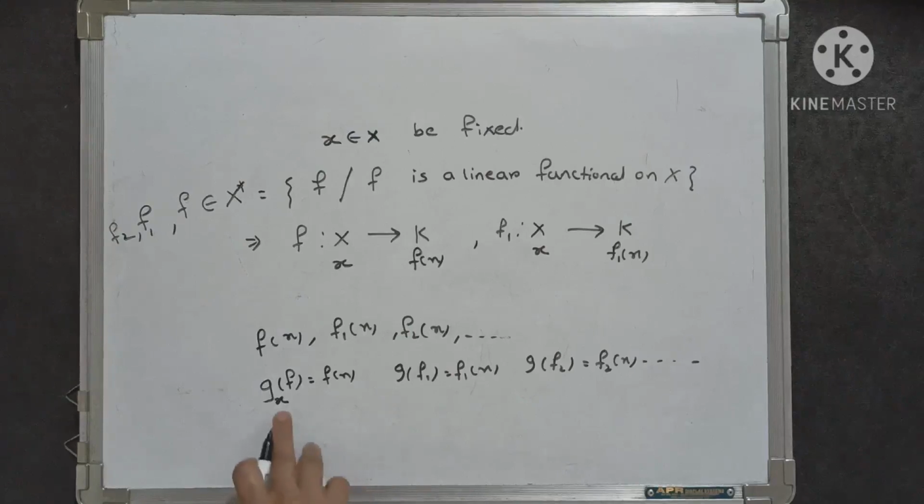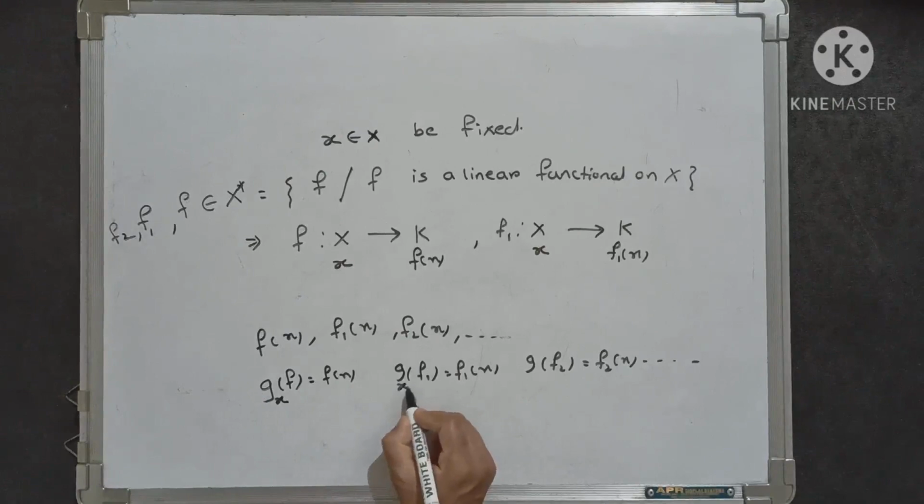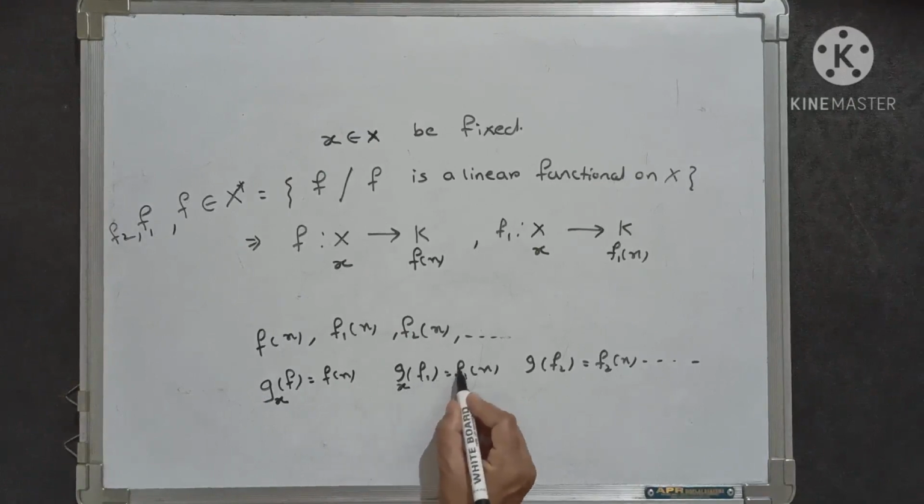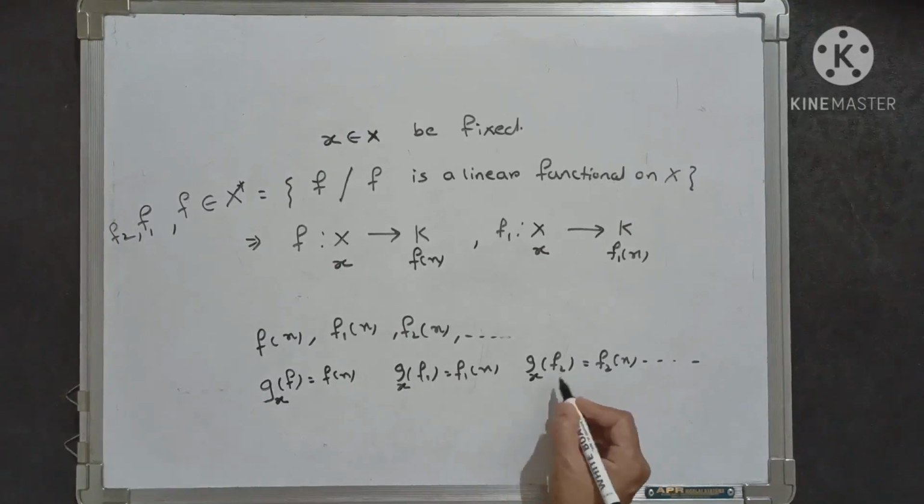Therefore we write gx of f equals f of x, gx of f1 equals f1 of x, gx of f2 equals f2 of x and so on.